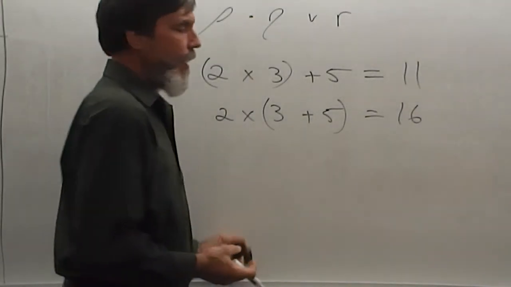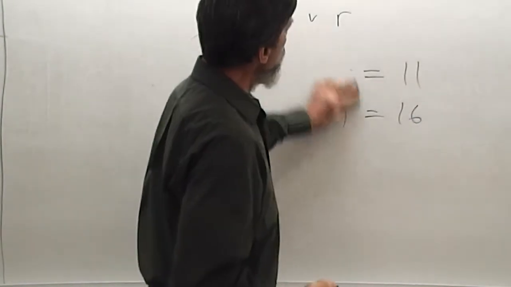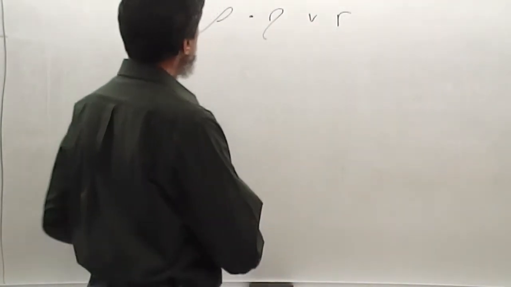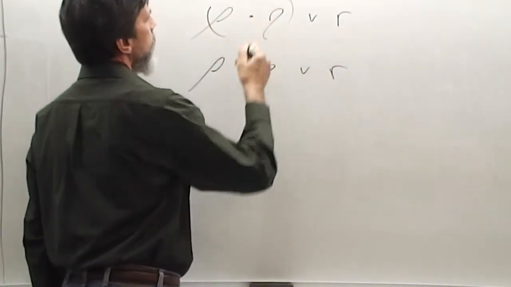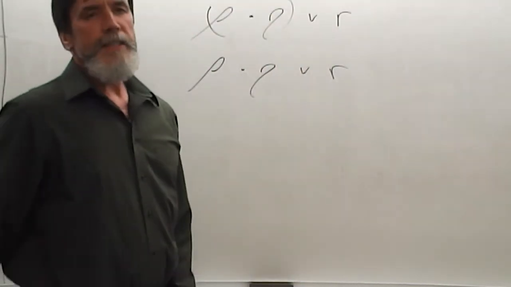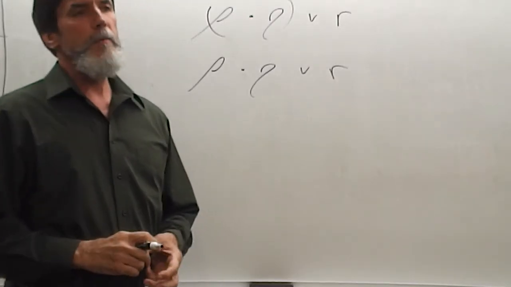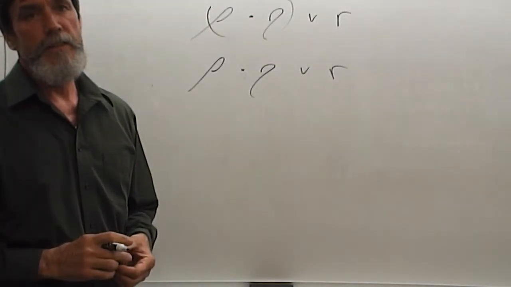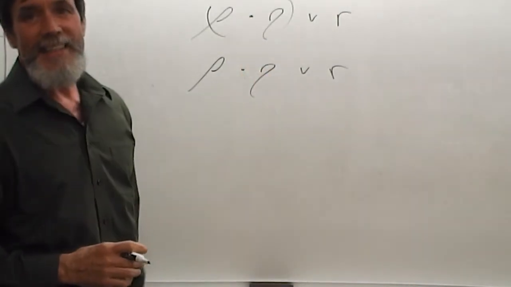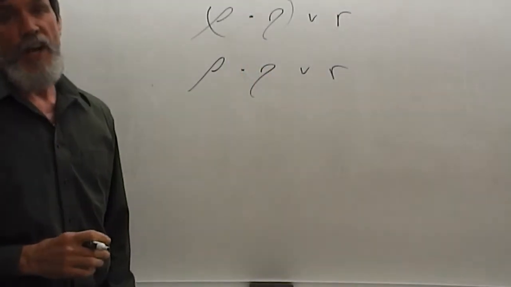The same is true with our symbolic language. If the punctuation were around those variables, that would identify this statement form as a disjunction, whose left-hand disjunct is a conjunction.